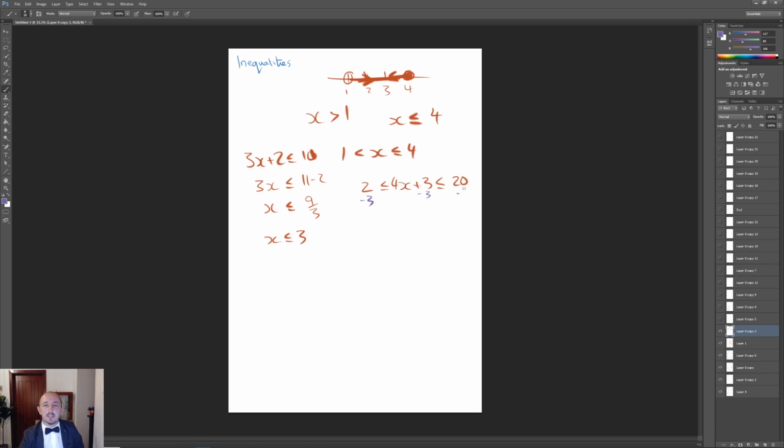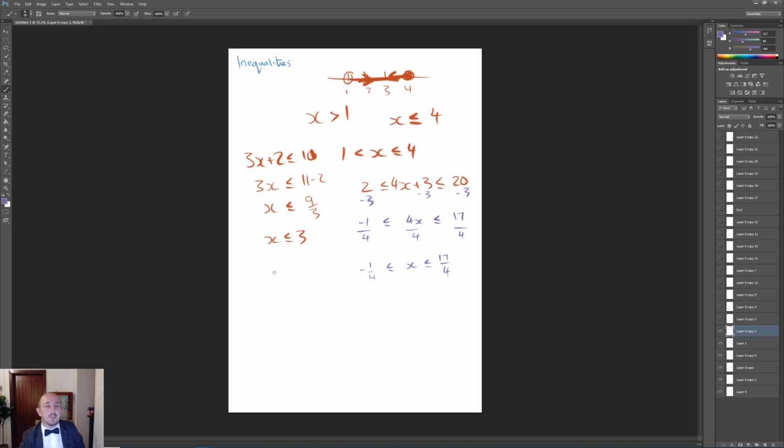And I can actually do it to this one as well. So I get negative 1 is less than or equal to 4x less than or equal to 17. And then I divide everything by 4, like that. And I have minus a quarter less than or equal to x less than or equal to 17 over 4. Okay, so if you have these double inequalities like this, then you can just treat that as equations separately.